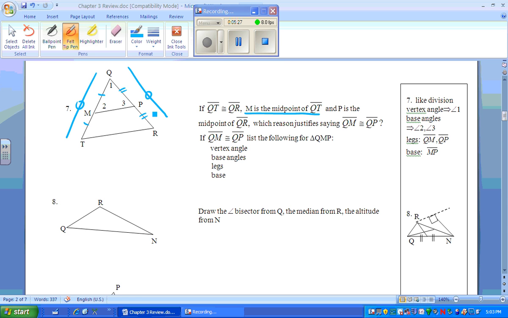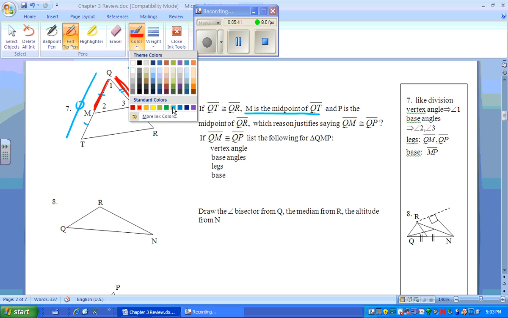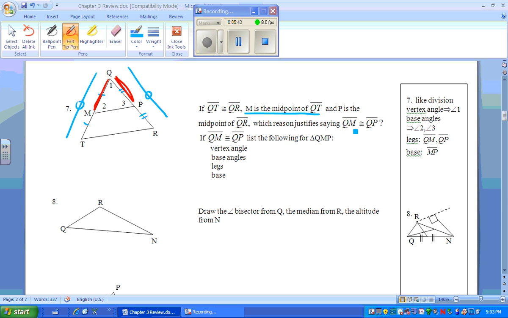That's correct. So in this case, we want to know what reason would justify that QM, this little piece here, is congruent to QP right here. Well, I want something smaller, and I know the two bigger pieces are congruent here. So the reason for this would be like divisions, because I need something smaller.